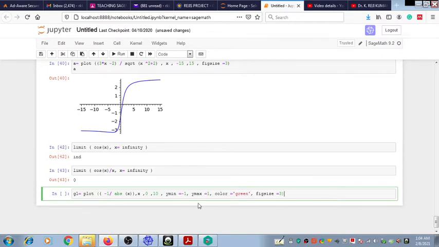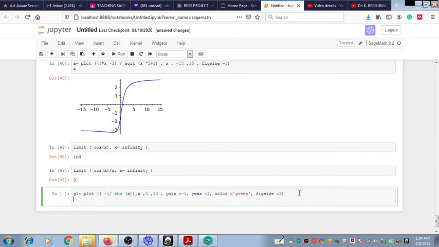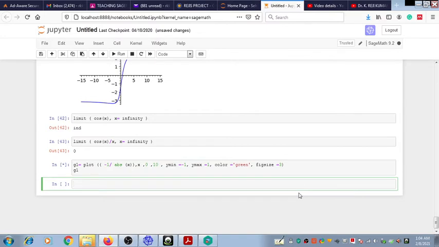So you can now display the figure, if you want to see it. If you want to see the figure, you can just type g1, and then you can take the output. Waiting for the output. If there is no other mistake in the expression written, then we will get that output.